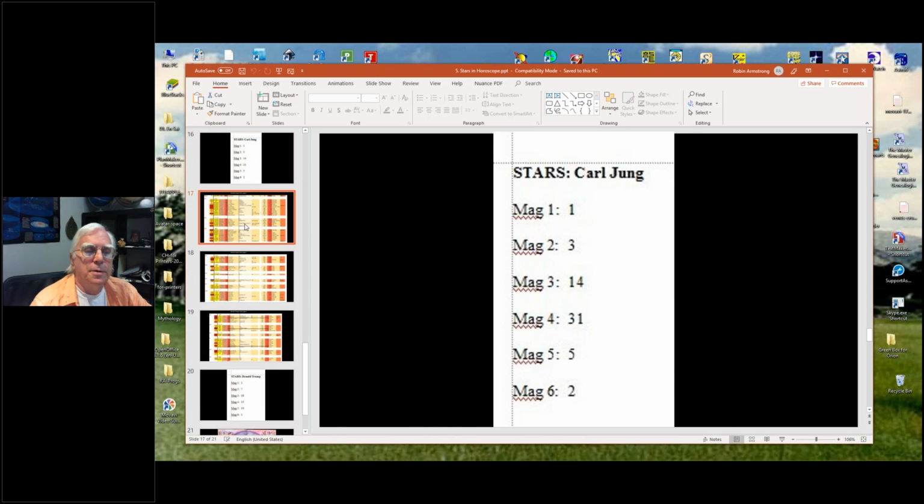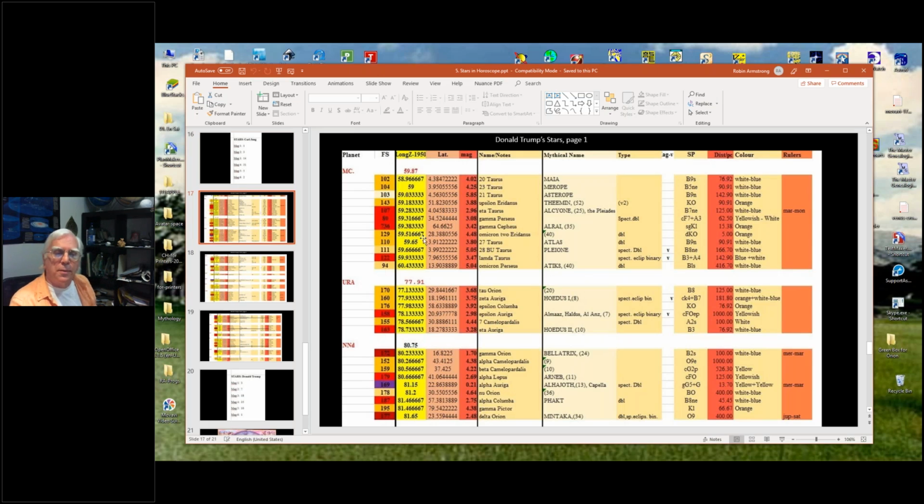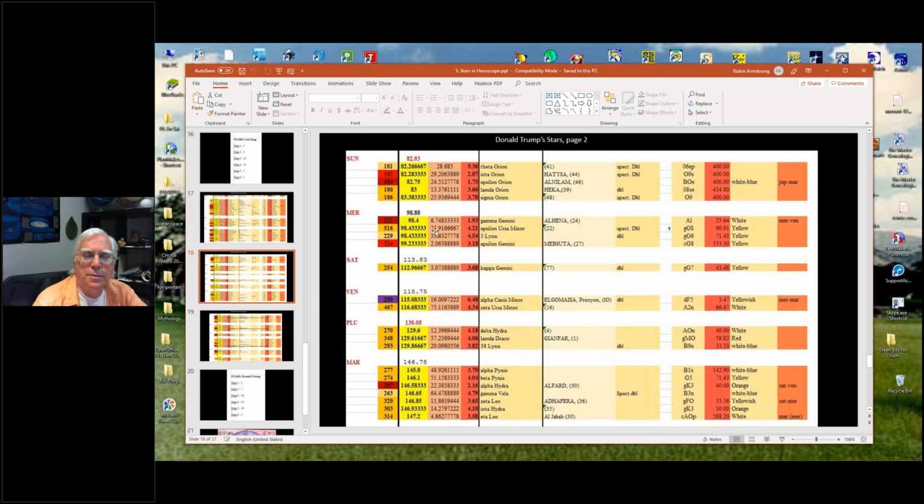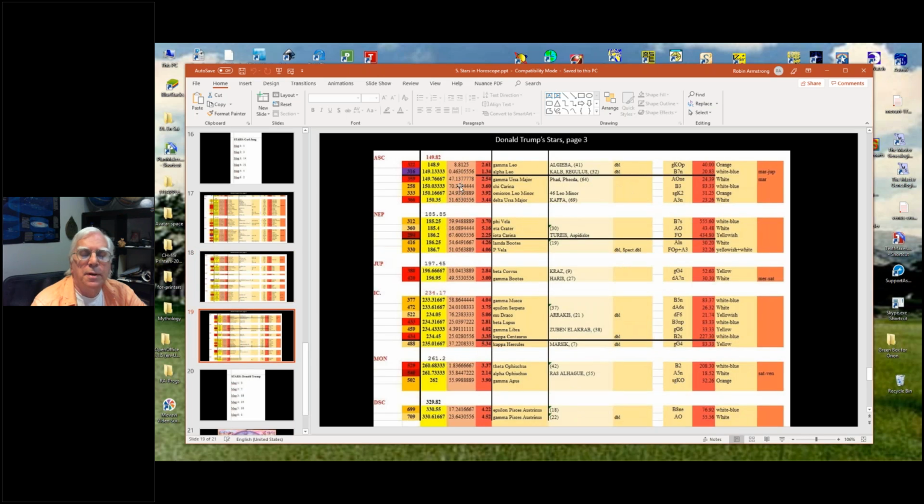Now we're going to go to Donald Trump. Here's Donald Trump 1, Donald Trump 2. Do you have overlaps? Close, but not yet. Donald Trump 3. Yeah, so there are no overlaps in this.